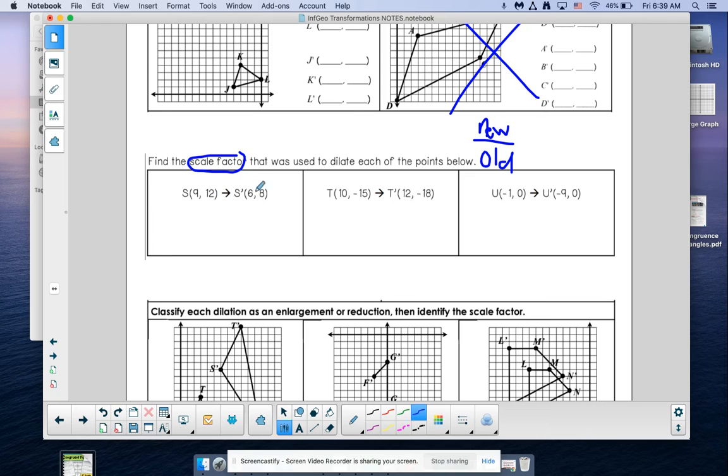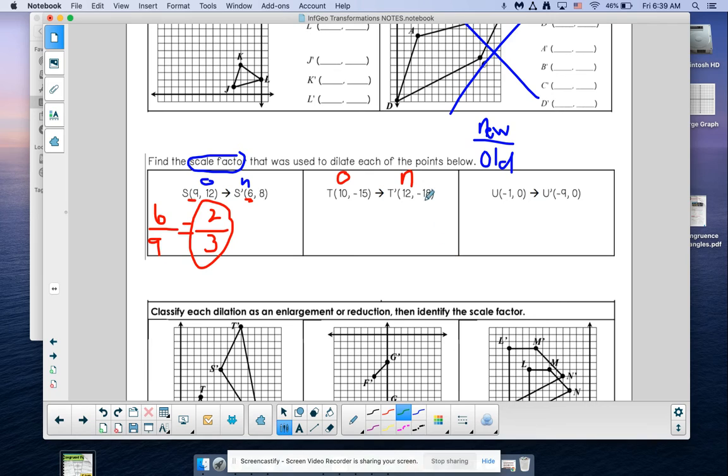If I look here, here's my new, here's my old. Let's do our x coordinate. I'm going to have 6 over 9, and then you reduce it. What goes into 6 and 9? 3, so it should be 2 over 3. Same thing here. Here's your new, here's your old.